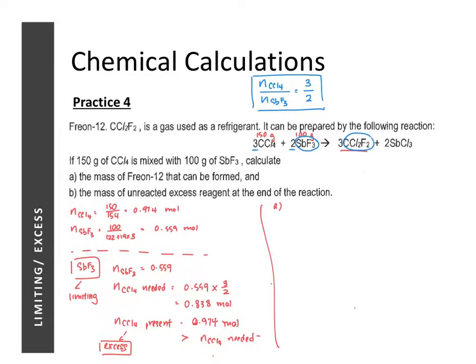What is the reacting ratio here? 2 moles of antimony trifluoride will give me 3 moles of Freon 12. So the number of moles of Freon 12 is equal to 3/2 times the number of moles of SbF3, which is 0.559, and that will give us 0.838 moles.